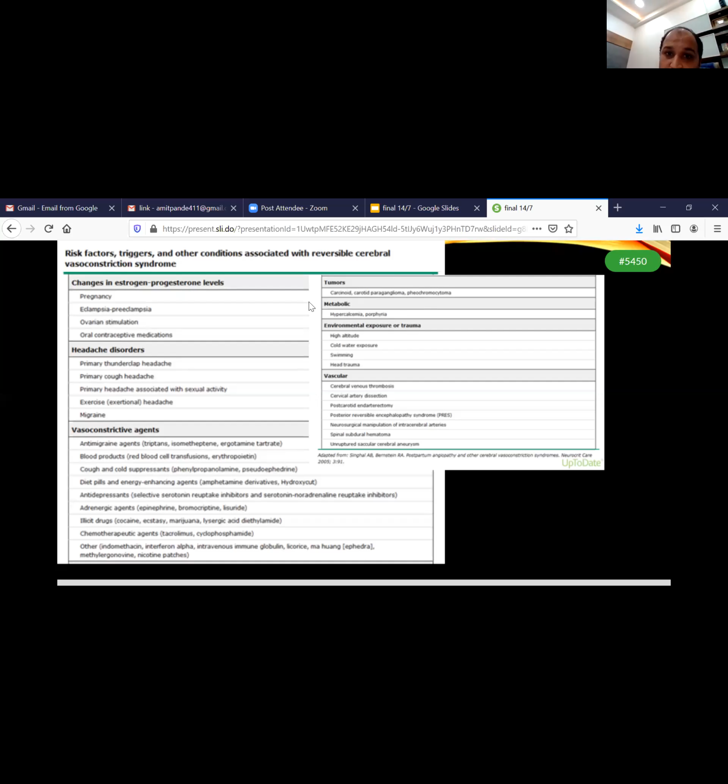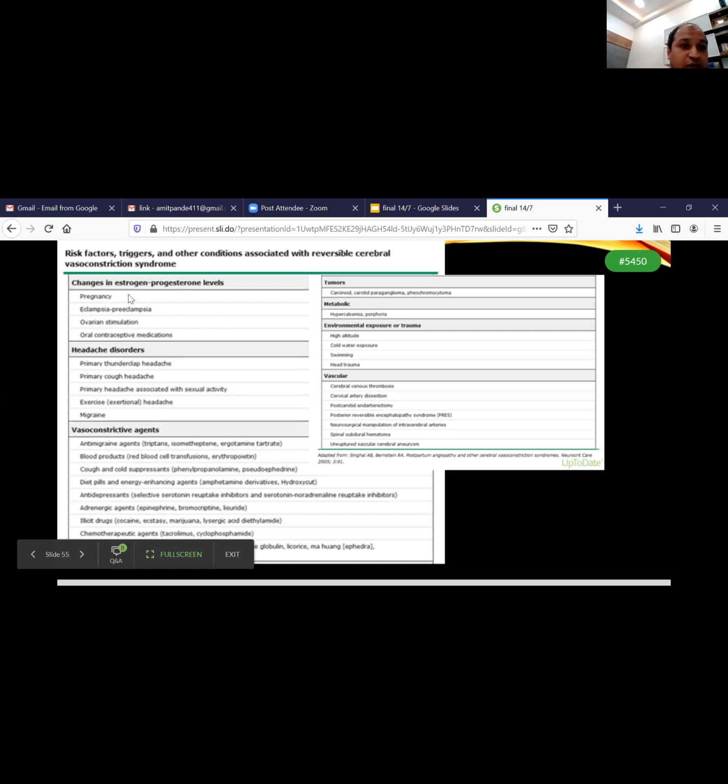It is also associated with tumors, carcinoids, paragangliomas, pheochromocytomas, and hypercalcemia, porphyrias. It is occasionally seen with vascular diseases like CVST, cervical artery dissection, neurosurgical manipulation of intracerebral arteries, spinal subdural hematomas, and so on and so forth.